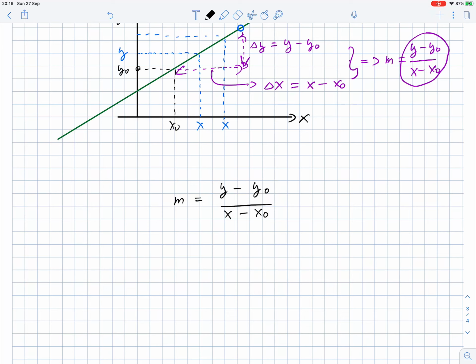Now let's multiply this expression by x minus x0. And what will we get? m times x minus x0 equals y minus y0.